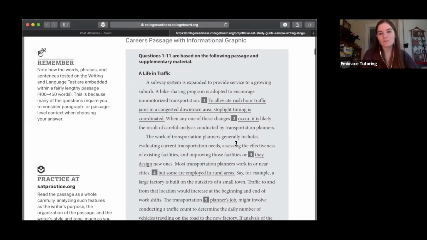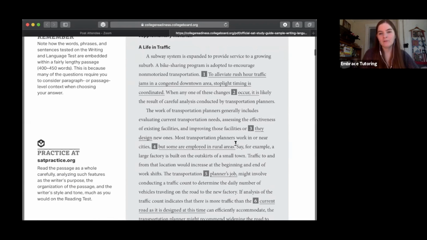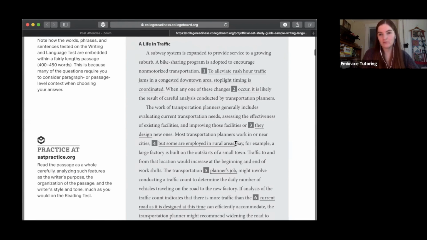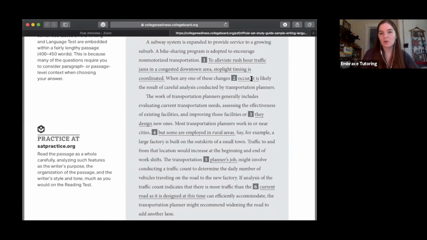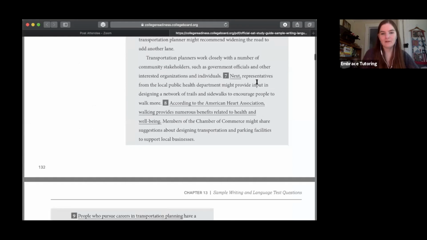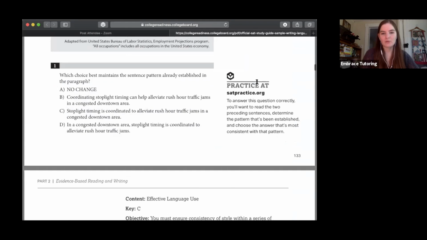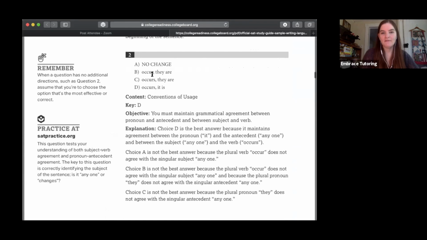It is focused more on grammaticality, like subject verb agreement in this case. So we have "occur, it is" as the first answer choice, and then "occur, they are," "occurs, they are," "occurs, it is."